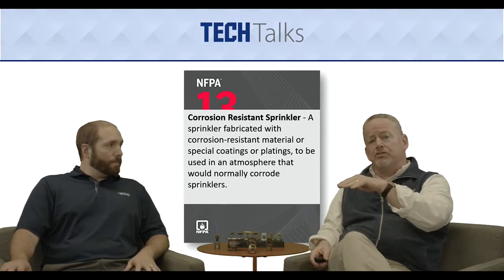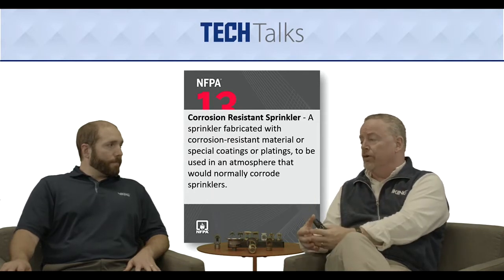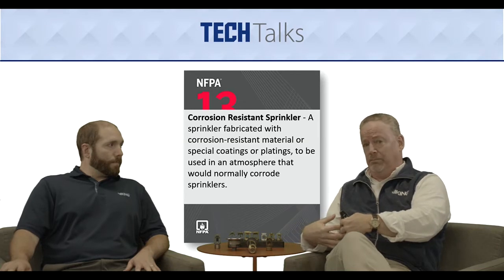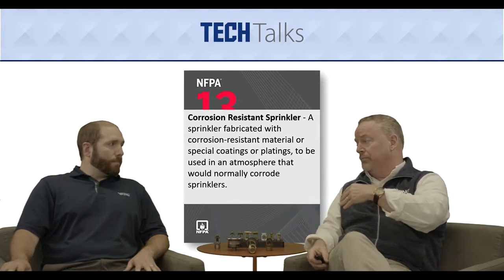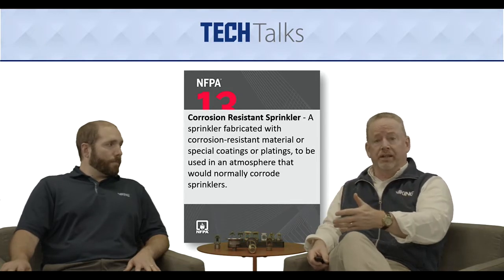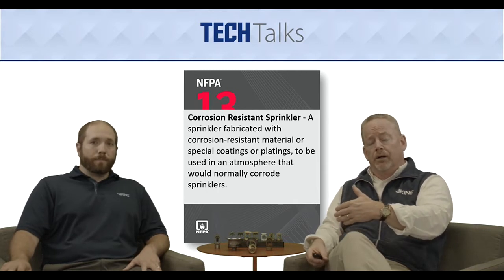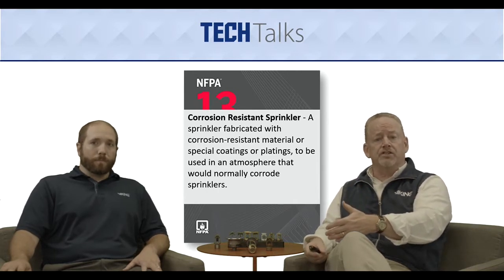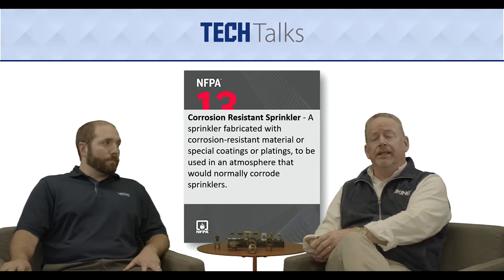What's interesting about this particular definition is that the history of corrosion resistance goes back more than 80 years in the standard. Back beyond the 1940 edition, we were seeing a reference to sprinklers installed in certain locations that should be resistant to corrosion.